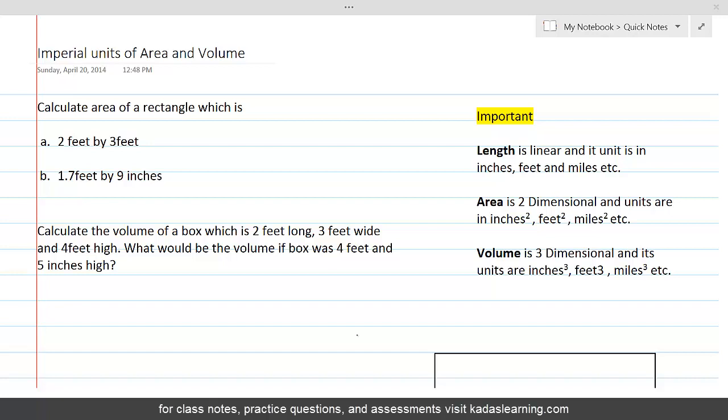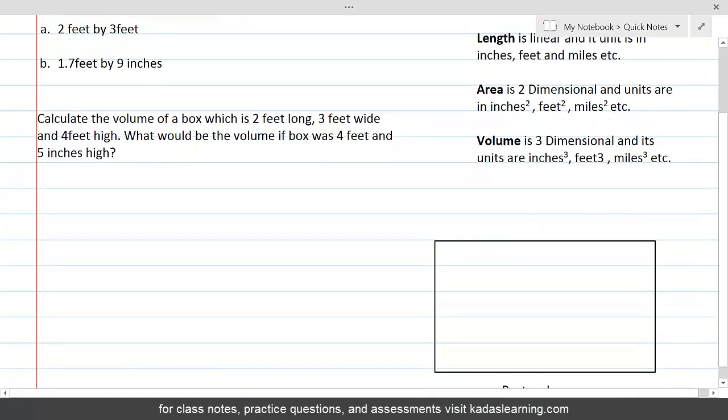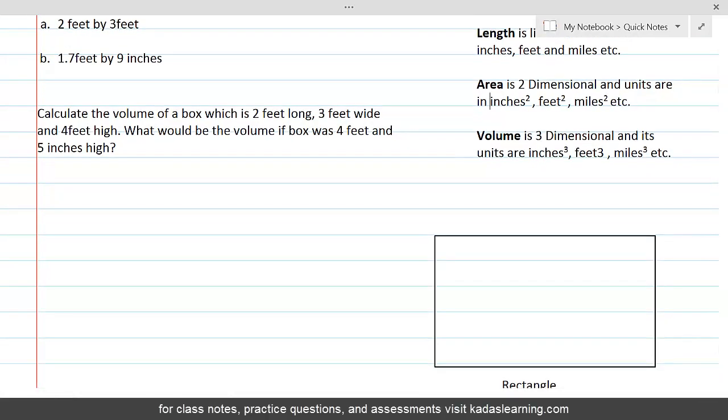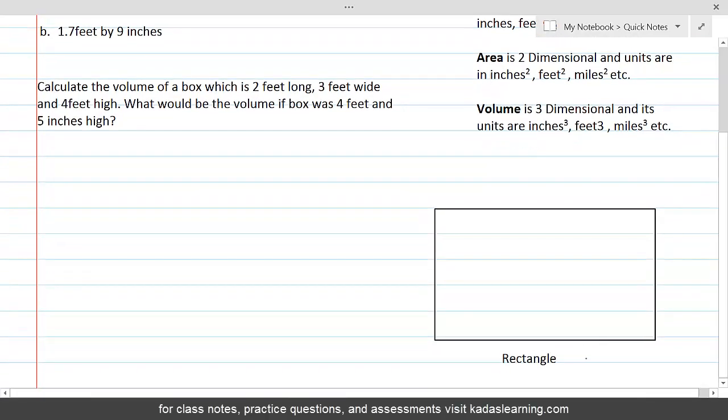For this, let's calculate the area of a rectangle, and we'll see how we derive units of area from the base unit of length. If the length of the rectangle is 3 feet and the width is equal to 2 feet, let us represent length by L. So L is equal to 3 feet and width is equal to 2 feet for this rectangle.